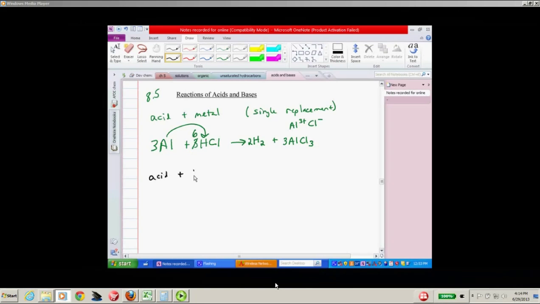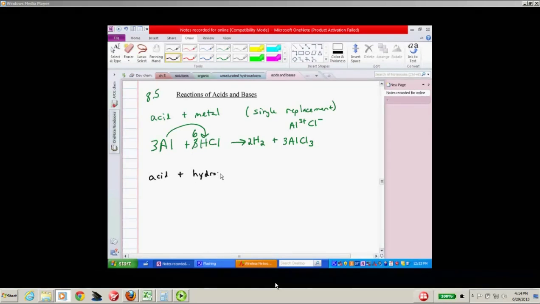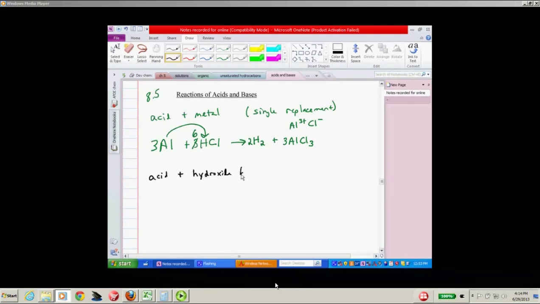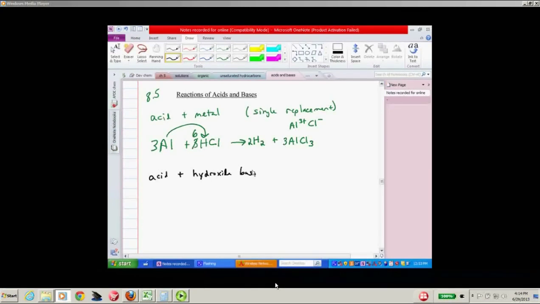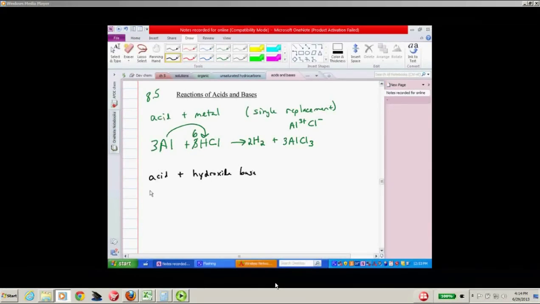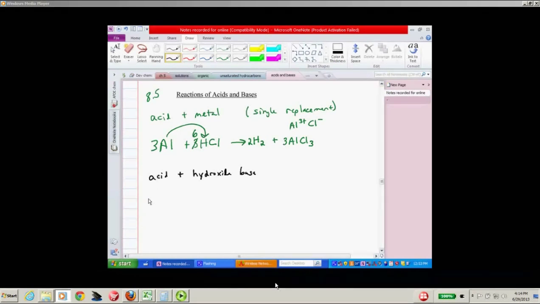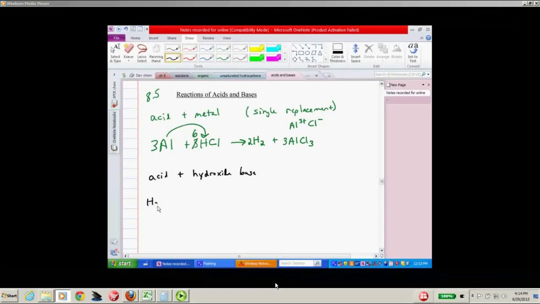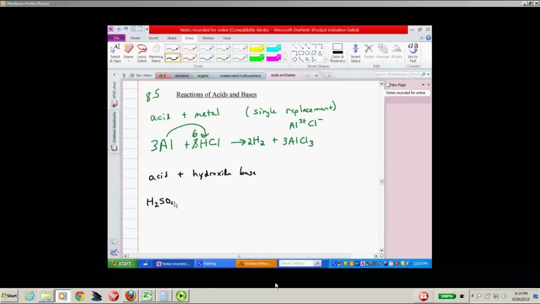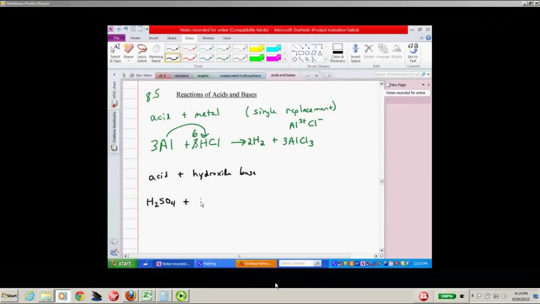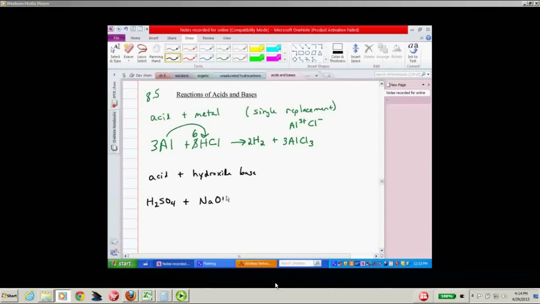And our next type is an acid plus a hydroxide base. And this one is a double replacement reaction. So here's an acid, H2SO4, and a hydroxide base, sodium hydroxide.